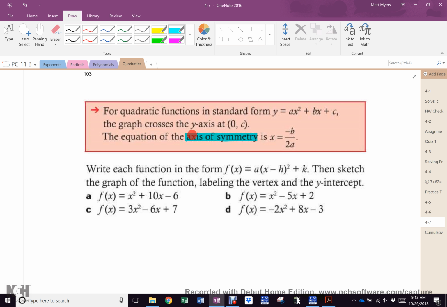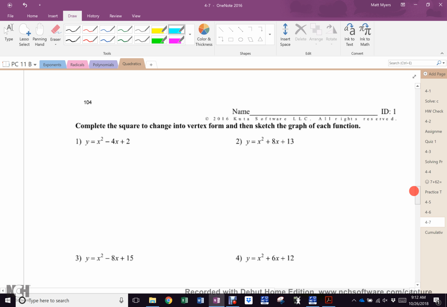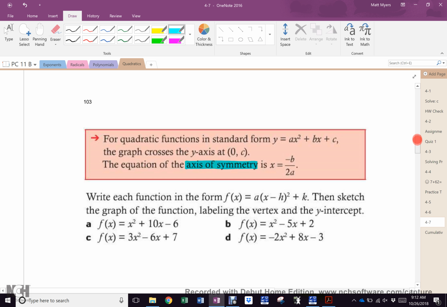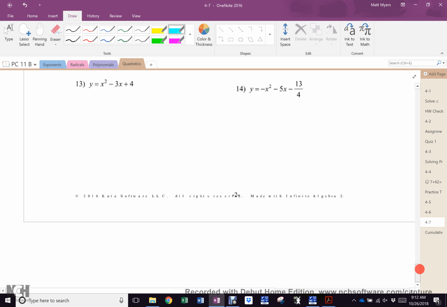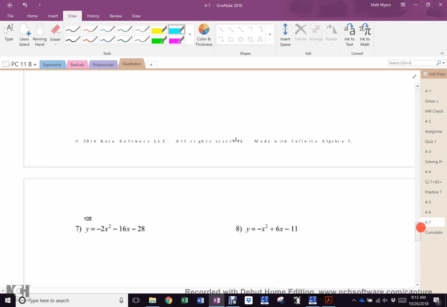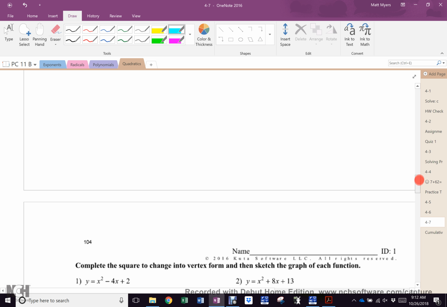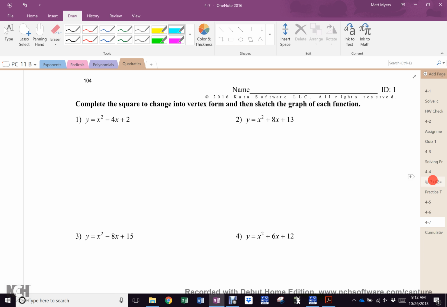Everybody cool? All right, your homework for the whole weekend is to do page 103 to 105. Now, listen. When I say sketch, all I really want to see, say your vertex is 3, 6. Just put it out here, label the vertex, and draw it.